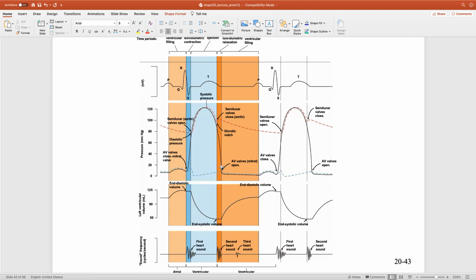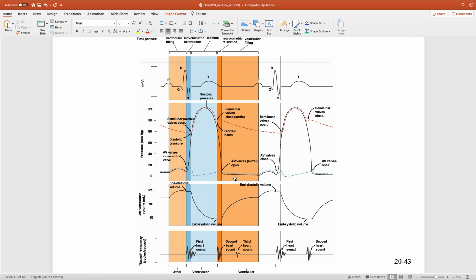There's a greater amount of pressure in the left atrium than in the left ventricle, and it forces that mitral valve to open up. As the mitral valve opens, blood goes from the left atrium past the open mitral valve into the left ventricle, and now the left ventricular blood volume should increase. And this is a passive filling time right here.